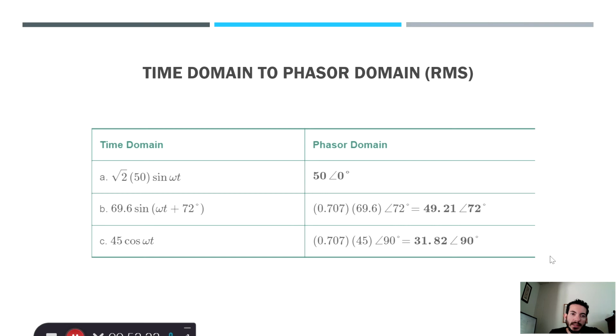So just as we said, time domain to phasor domain. Phasor domain is pretty much how we say the polar coordinate of the wave. So just one more time, in case you don't remember, x and y, being that this is imaginary, you can take it to polar by saying z and angle.